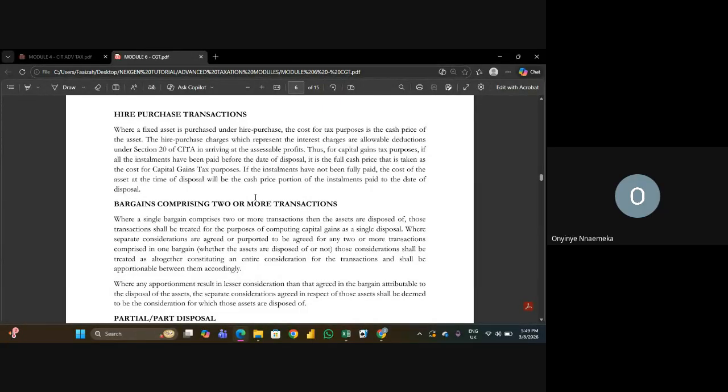I don't even think I have a question on it. So you pay CGT on the portion of installment that you have paid. Let's say, for example, you have paid 60% of the money, so you only consider 60% of the cost of the asset. You get.